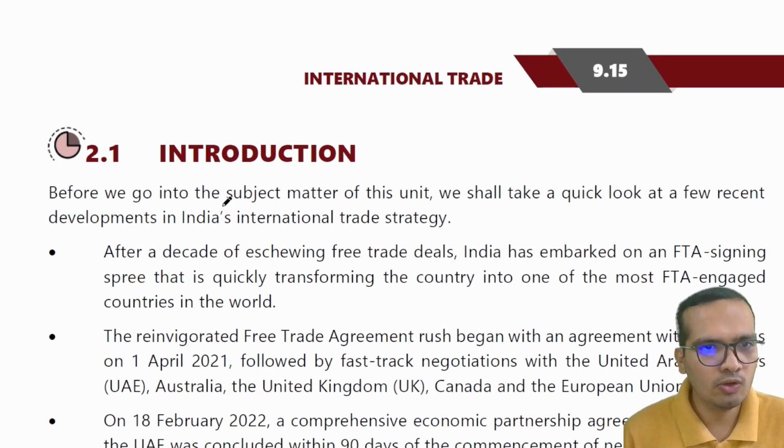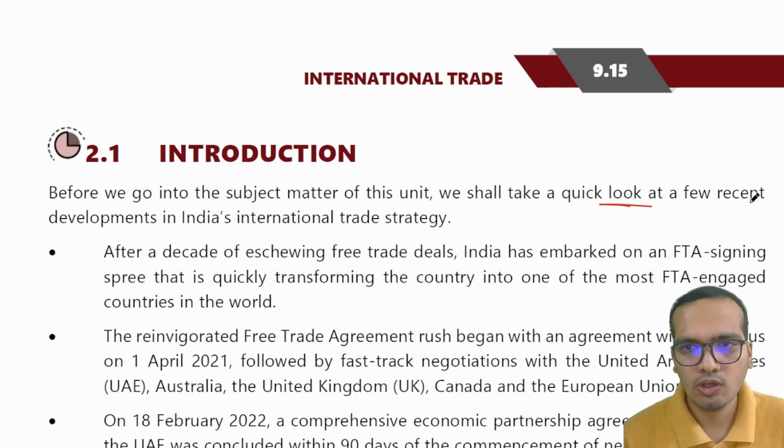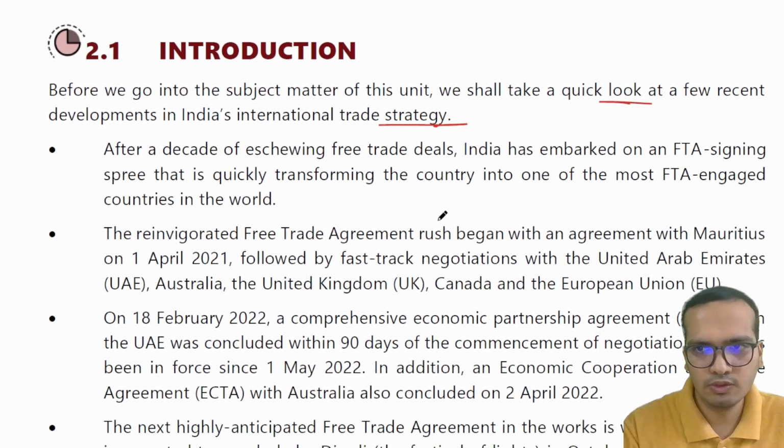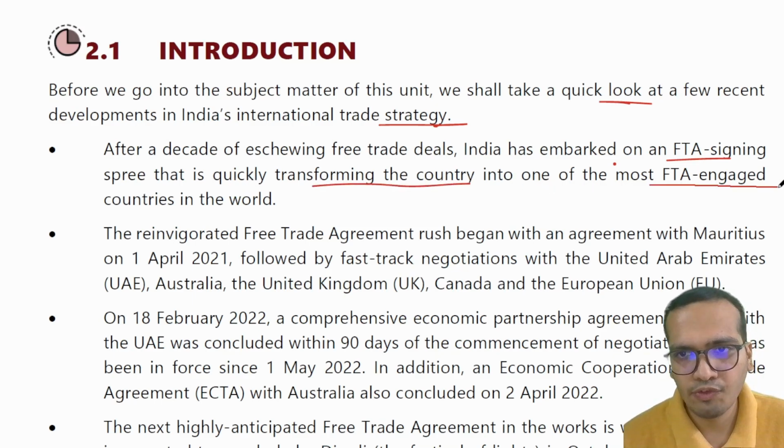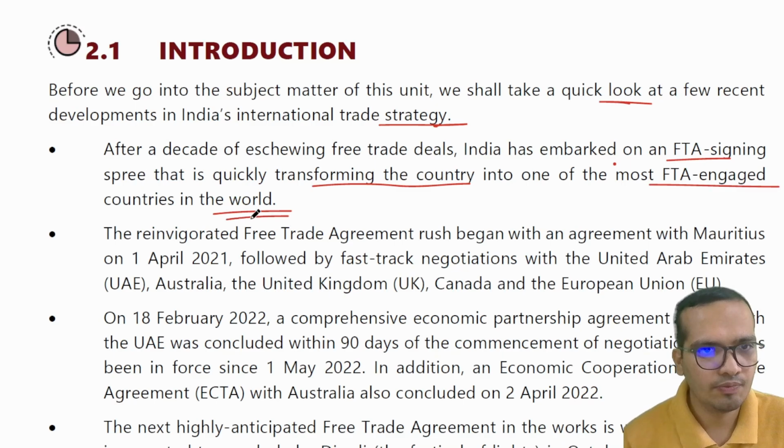Before we go into the subject matter of this unit, we shall take a quick look at a few recent developments in India's international trade strategy. After a decade of achieving few free trade deals, India has embarked on a free trade agreement (FTA) signing spree that is quickly transforming the country into one of the most FTA-engaged countries in the world.